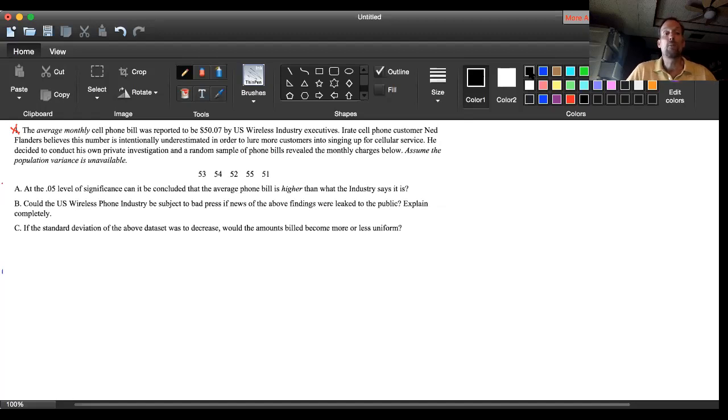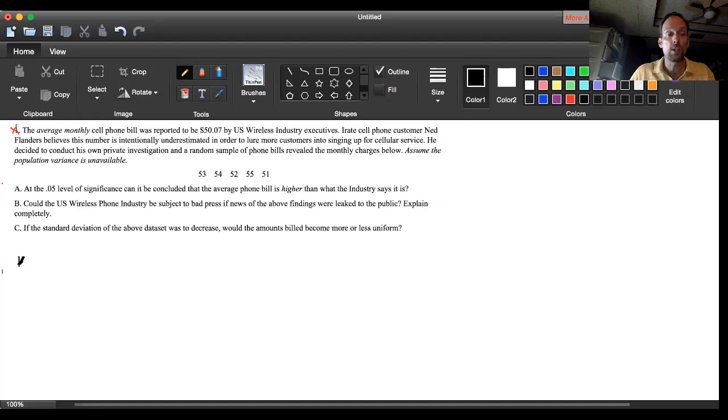Because the only number they pre-calculated for us was the average phone bill, $50.07. The good news is, if we have to calculate everything we need from the sample, that's telling us that we also get the standard deviation from the sample. Automatically, we know that we're going to be using the t-distribution. So let's start to write down some of the information that we know.